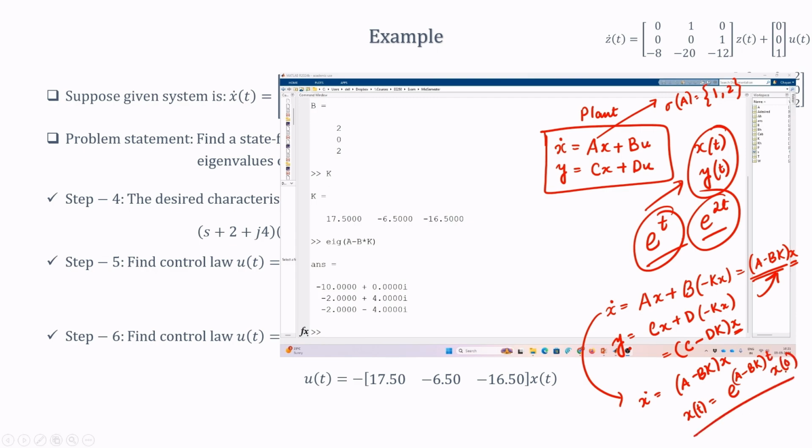Suppose the initial condition is at t equal to 0. Once you have this solution, you can see that it will depend on the matrix exponential e to the power of (A minus BK)t, and you know how to find the matrix exponential. The terms that we will get will depend upon the eigenvalues of A minus BK, the exponential terms that you will get, which means if I change the eigenvalues of A minus BK to be on the left half of the complex plane, then I know that the exponents will die down to 0 as time tends to infinity.